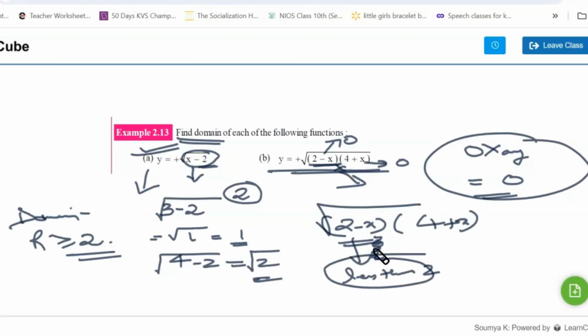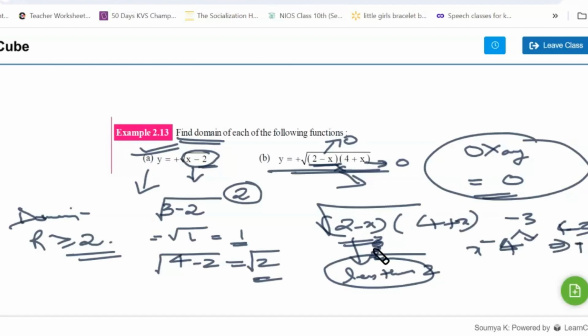And consider now this, to make this 0, the value of x should be -4. If it is -4, the whole term becomes 0. So the value of x should be more than -4, that means -3. So 4 minus 3 will give you 1.